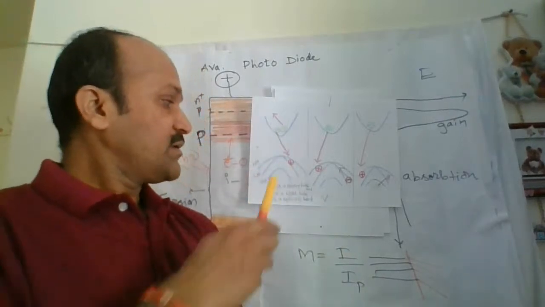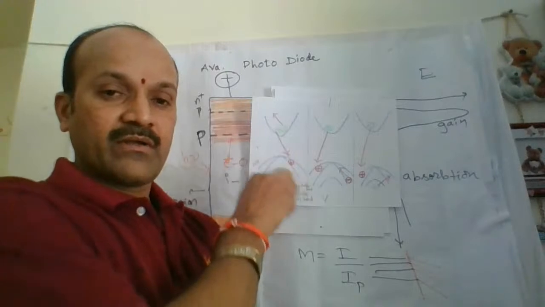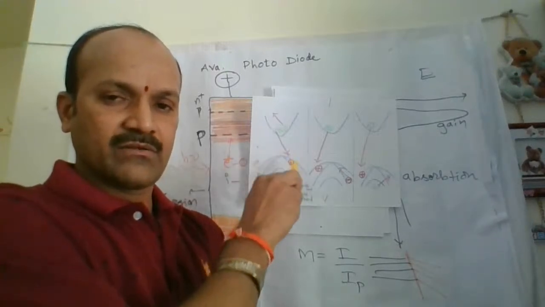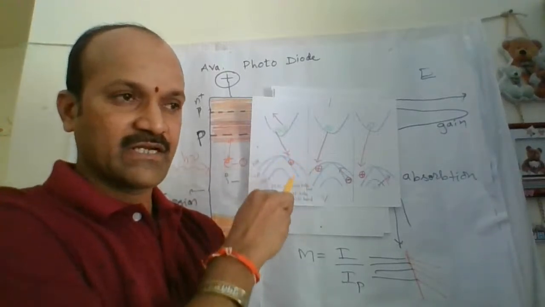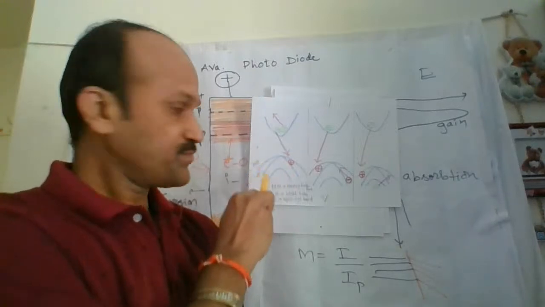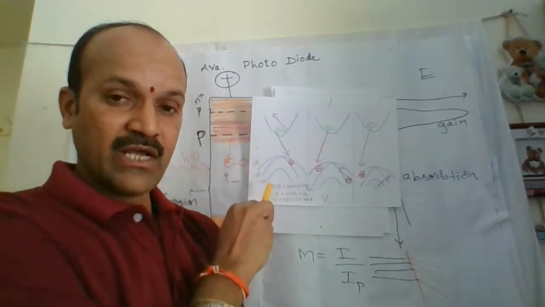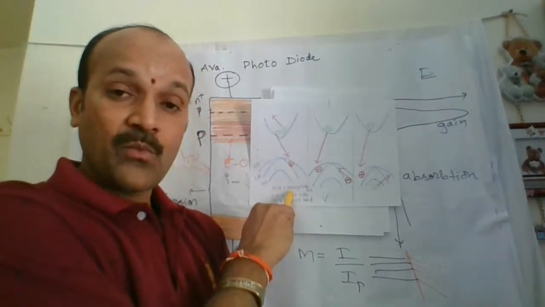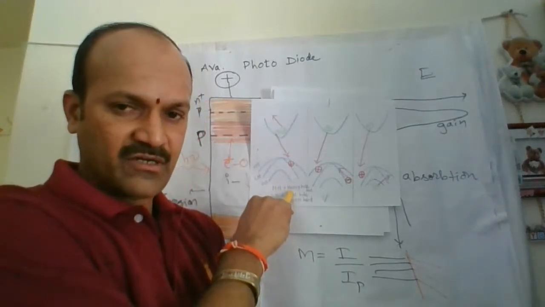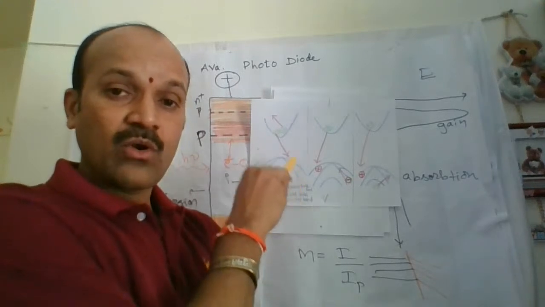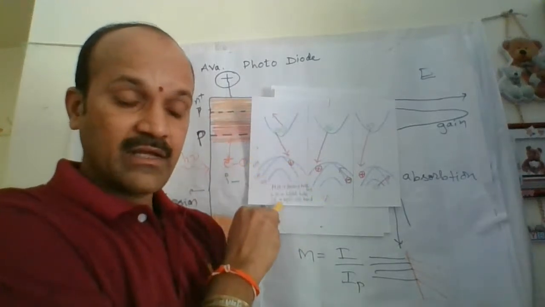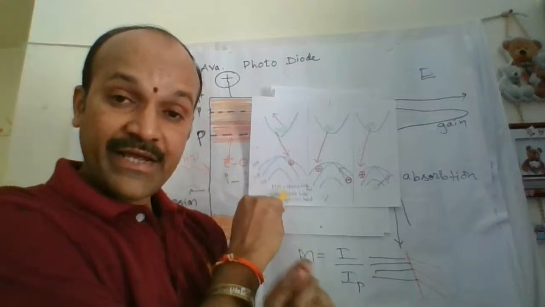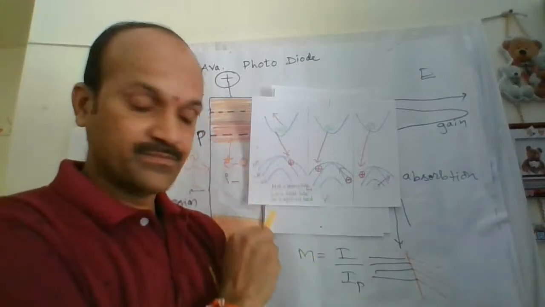Okay, here in the notation for these energy levels: HH, LH, SO. HH means heavy hole band, easily you can understand. LH is light hole band.